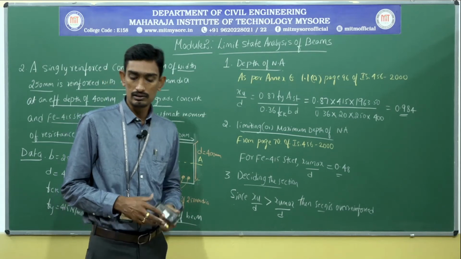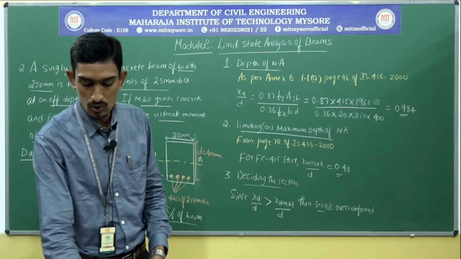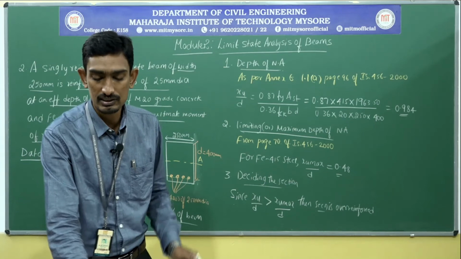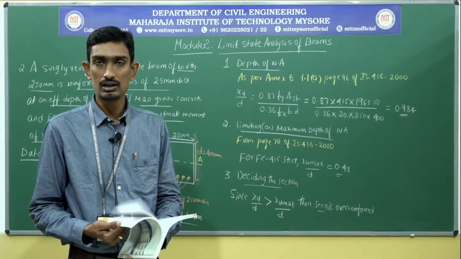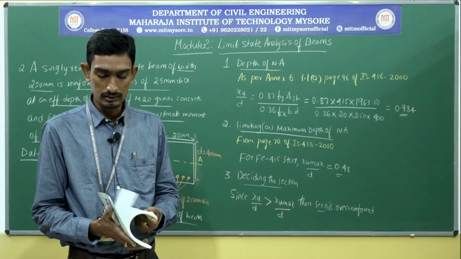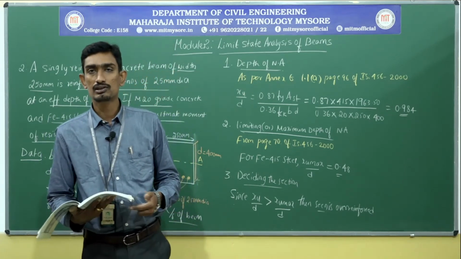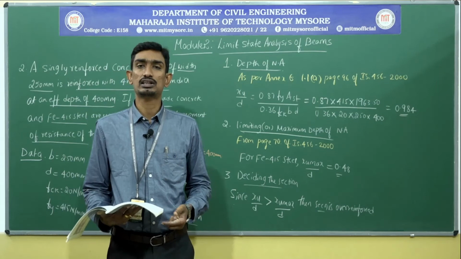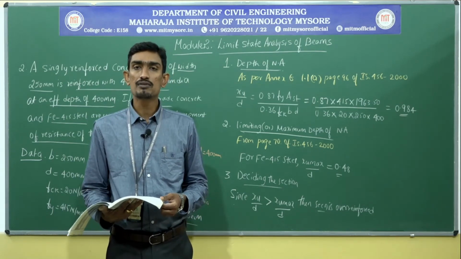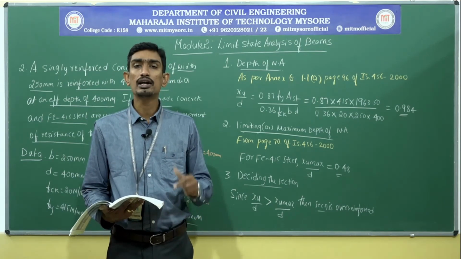Next, once again go to page 96, annexure G 1.1. In the last session we discussed that when the section was under reinforced, we were using formula G1.1b.